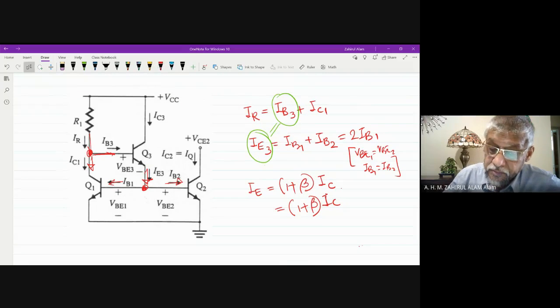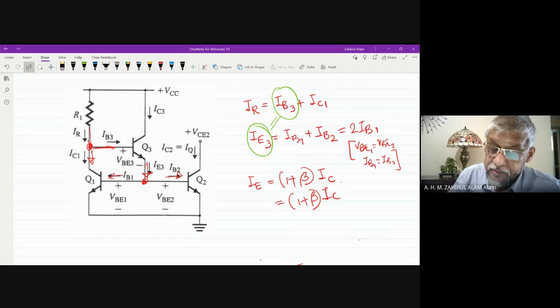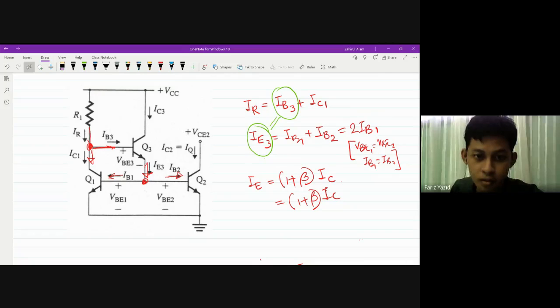Then IE3, IB1. Then what is the relation between IE3? Can solve or cannot? The IE1 is 1 plus beta times IB.